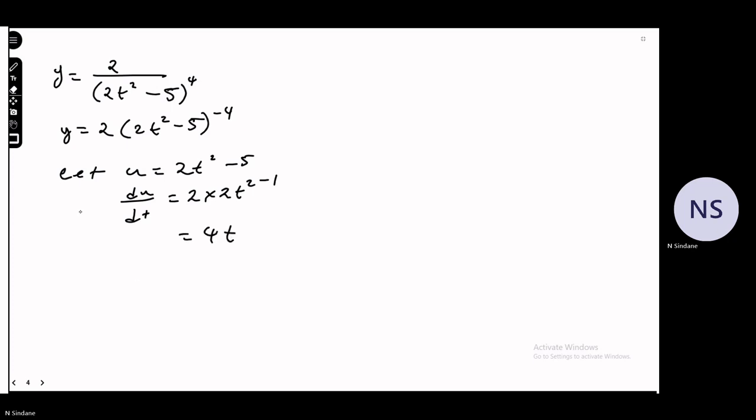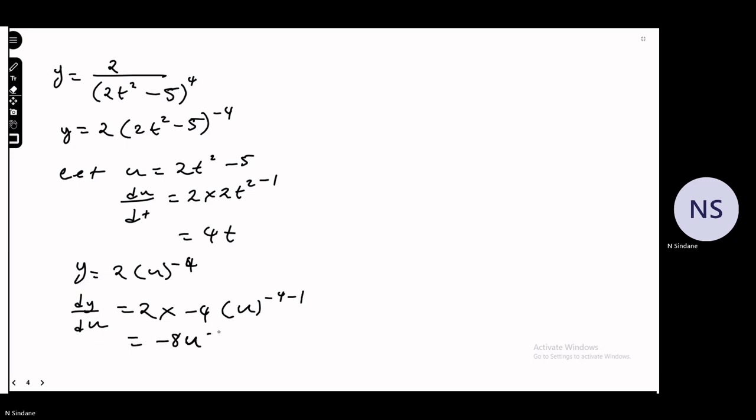Then y is equals to 2 into u to the power negative 4. Then dy over du is equals to 2 multiply negative 4 into u to the power negative 4 minus 1. This is negative 8 u to the power negative 5. And then don't forget dy over dt in this case is equals to dy over du multiplied by du over dt.